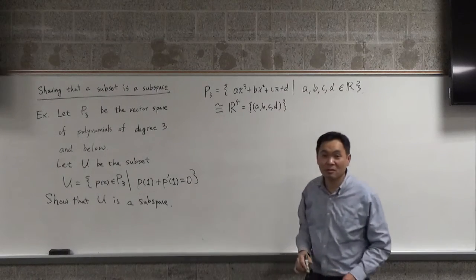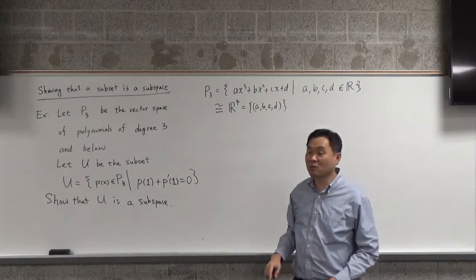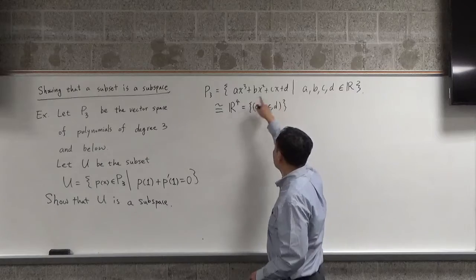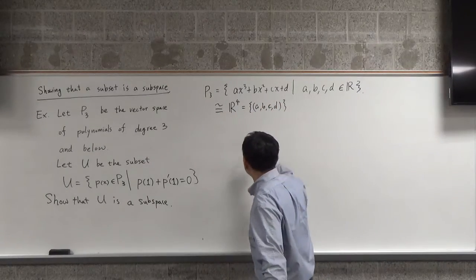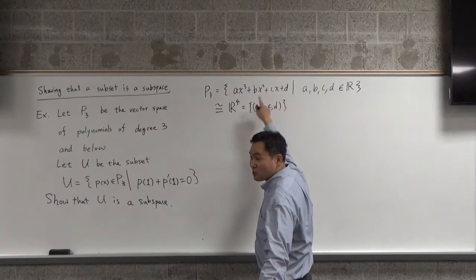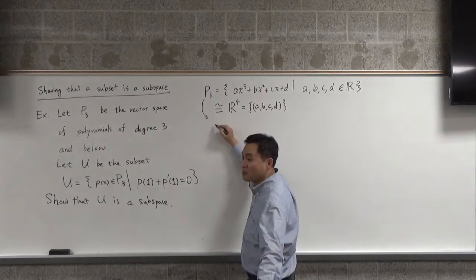This is R4, and therefore there's a rather natural basis. What basis would you make for this space? What will be the basis for P3?